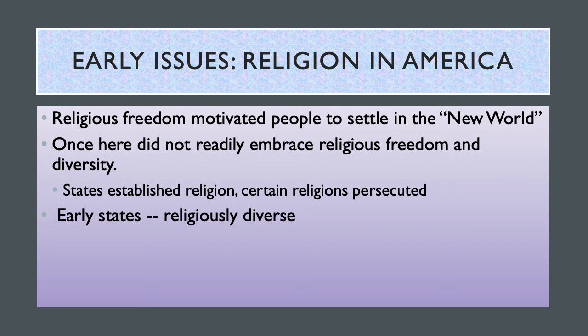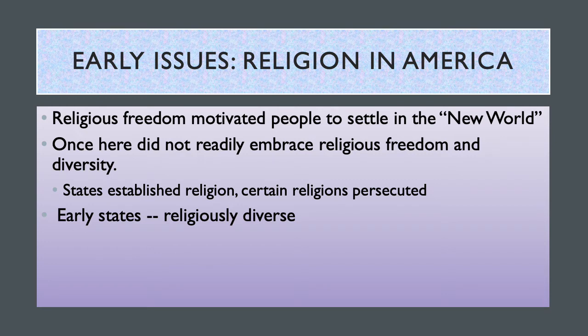So we do see that once here, religious freedom wasn't necessarily embraced, but there was a lot of religious diversity within the early states and colonies. There were many sects of Protestantism.